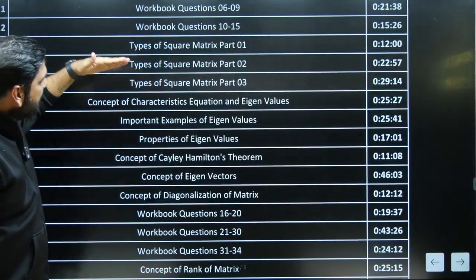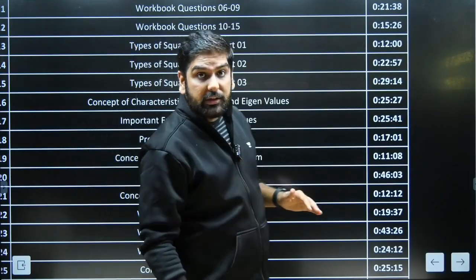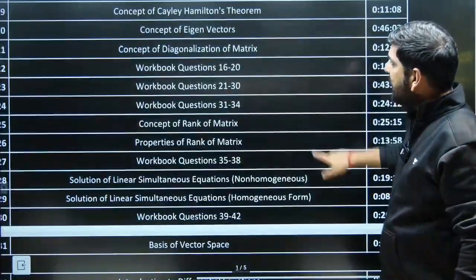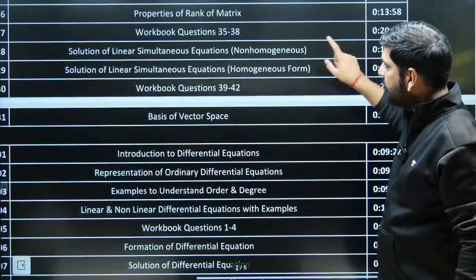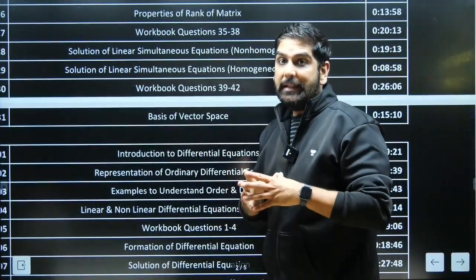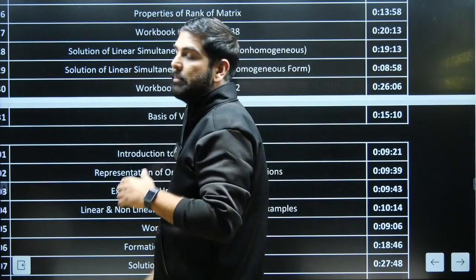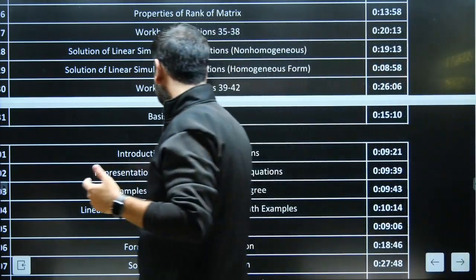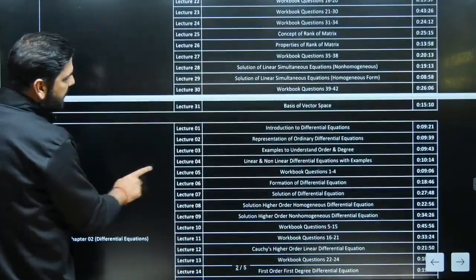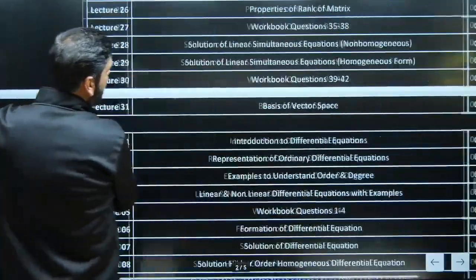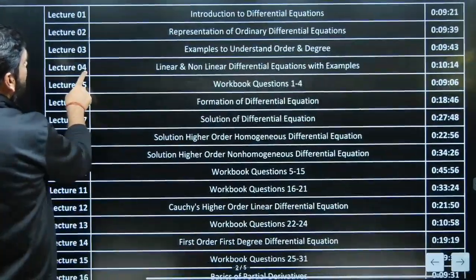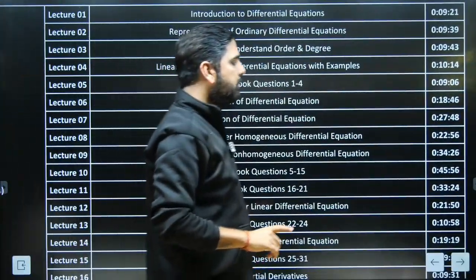Then we have the concept of characteristic equation and eigenvalues and eigenvectors, then properties, and again all the workbook questions. Last we have linear simultaneous equations, that means the test for consistency, consistent or not consistent. Then you can see the 31st lecture, basis of vector space. And now we have the differential equation part.